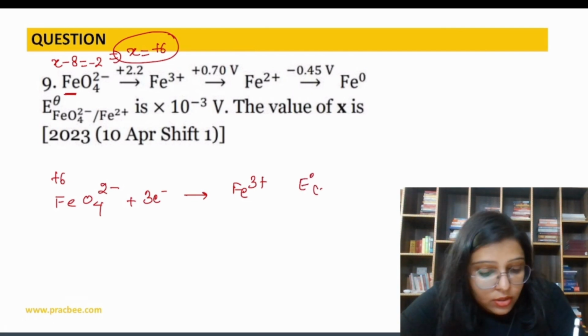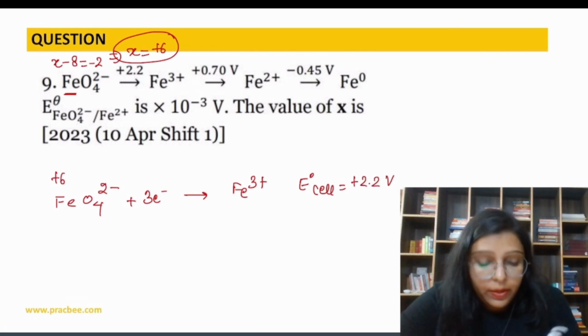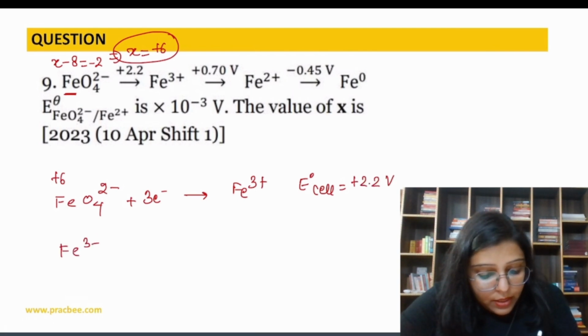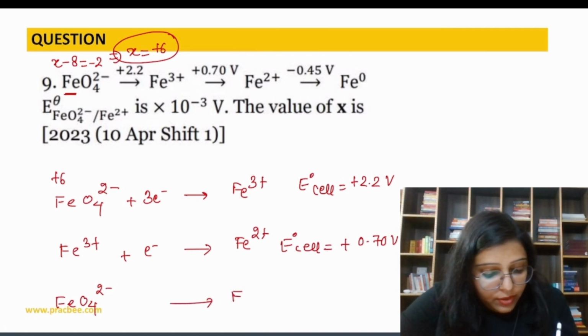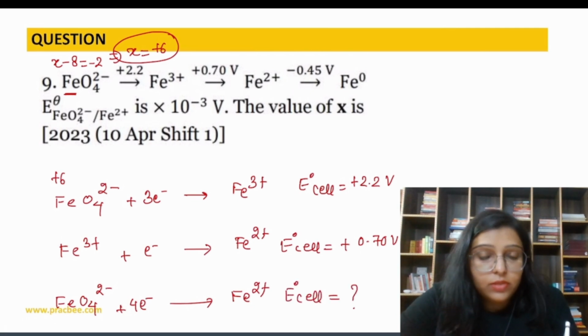And E naught cell is equal to plus 2.2 volt. Now we have Fe3 plus converted to Fe2 plus. So here 1 electron, and E naught cell is equal to plus 0.70 volt. And we have to find out the value for FeO4 2 minus giving Fe2 plus. It means 4 electrons. E naught cell we have to find out for this one.